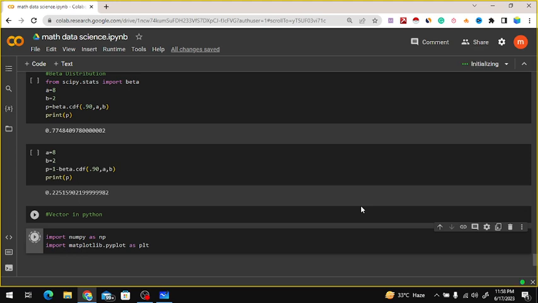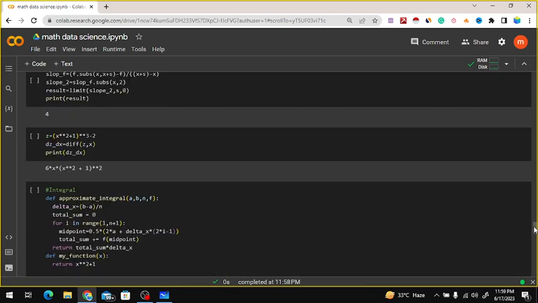And similarly I write here, import sympy as sp.